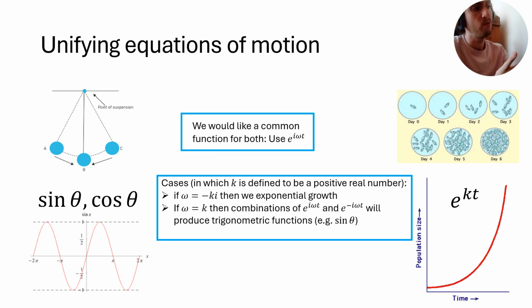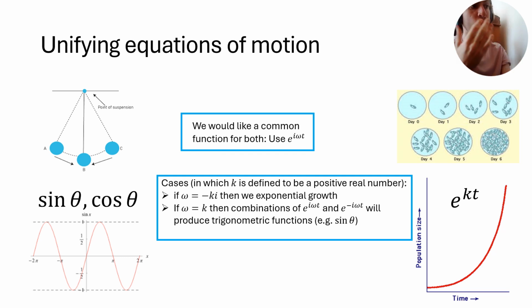So, for example, if omega is minus k times i, then you can use the definition of i, and I encourage you to do this if you're listening to this video and want a bit of an exercise. But you could show that if omega is equal to minus k times i, then e to the i omega t is, by definition, the exact same as e to the kt.